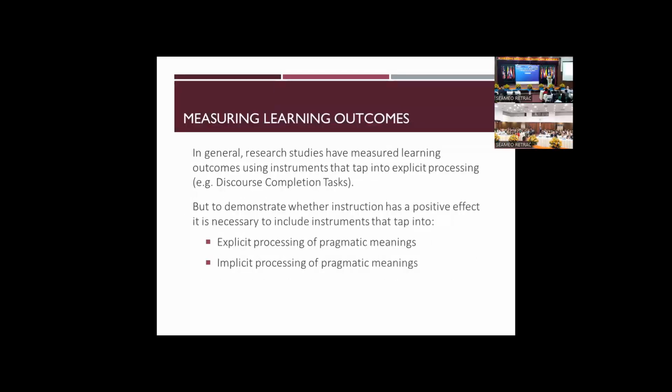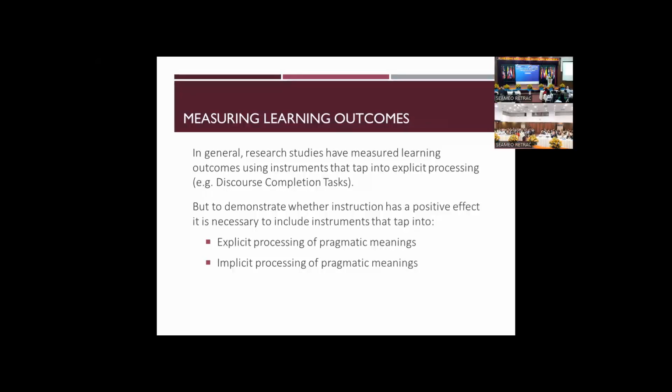If you are conducting a study, such as our study, you do have to give a lot of thought to how you measure the learning outcomes. How do we decide whether any learning takes place as a result of the instruction?